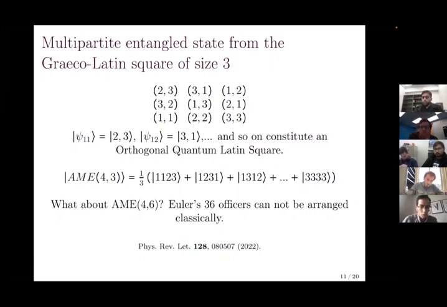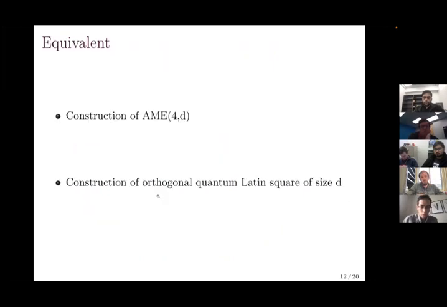And I have a reason why I'm saying this, because in that paper, they prove an equivalence where they show, in the supplementary material, basically, that construction of an absolutely maximally entangled state of 4 subsystems of dimension D is equivalent to construction of an orthogonal quantum Latin square of size D.